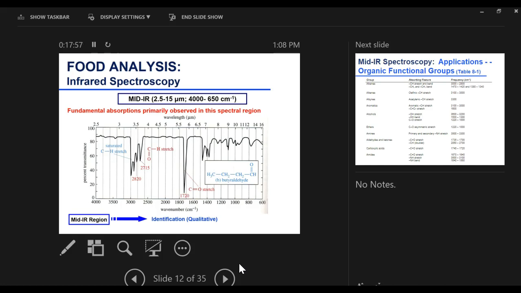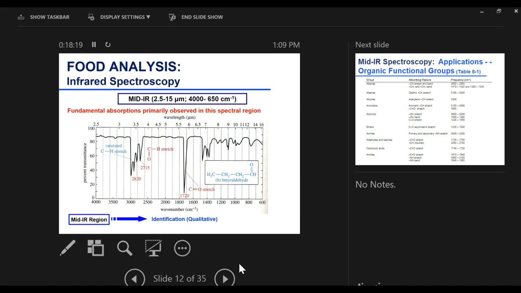So it's very characteristic of this compound. So it's really a powerful identification tool that we can use to identify different compounds. You can use it as a qualitative measure for strong identification.